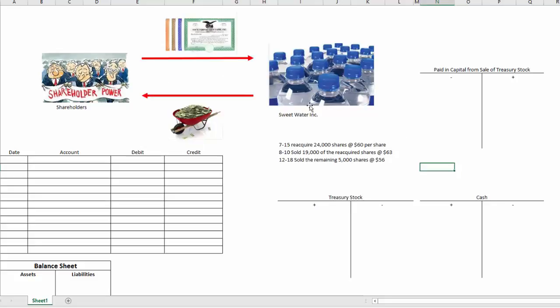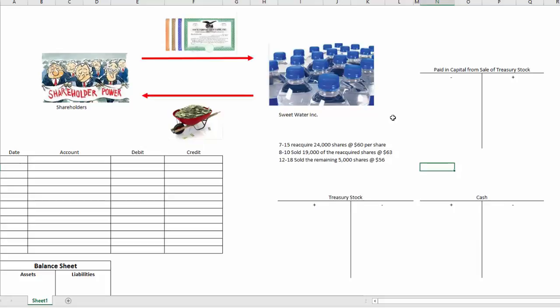In this example, it's Sweetwater Incorporated, and I'm trying to figure out, okay, we just had a transaction involving some of our shares, and so what's going to happen to our financial records, in the way of stuff going out and stuff coming in, right? That's the hardest part of accounting, is trying to analyze the transaction to figure out what's really happening.